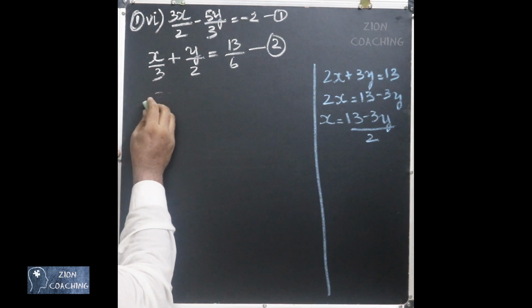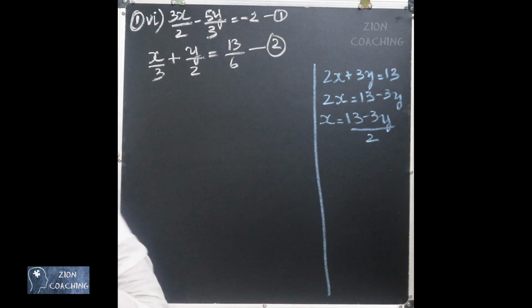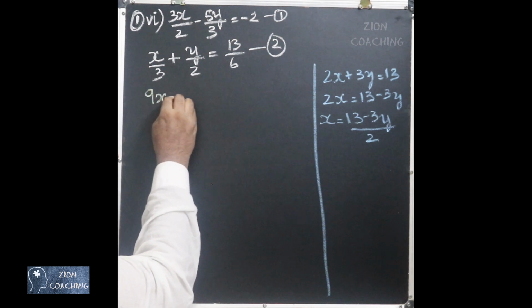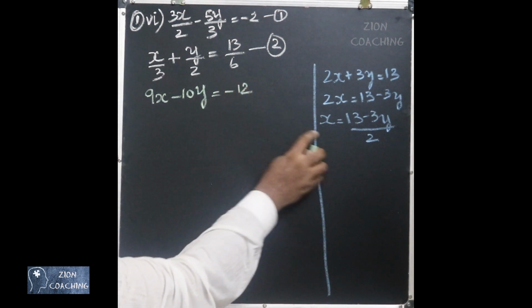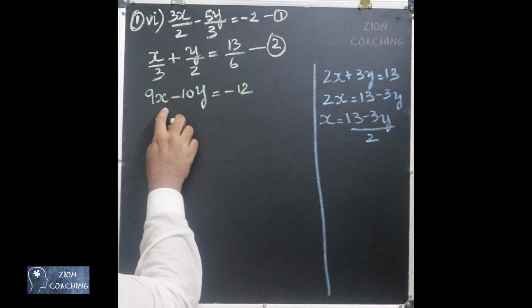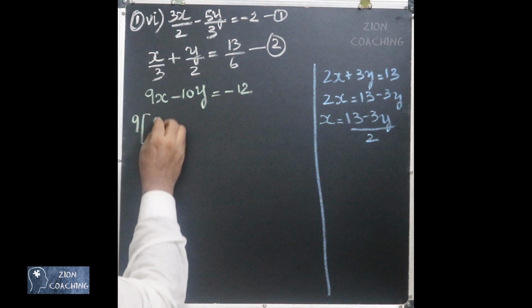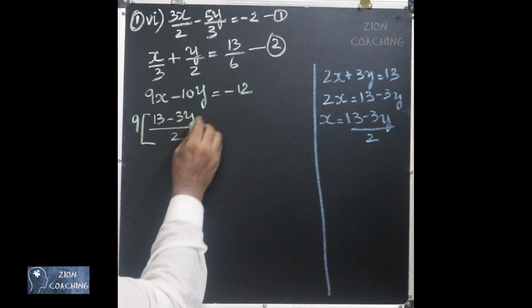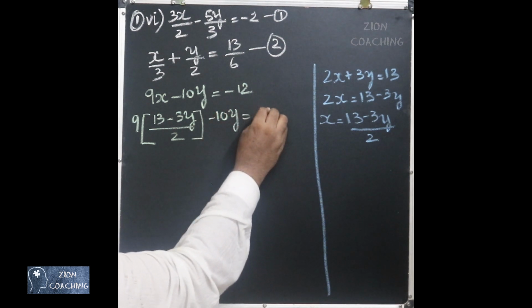Now the first equation is 9x minus 10y equal to minus 12. We are going to substitute our value of x here instead of x. So we will have 9 into 13 minus 3y divided by 2 minus 10y equal to minus 12.